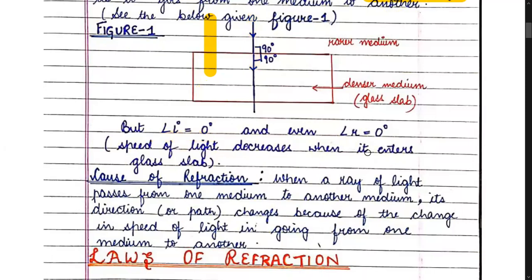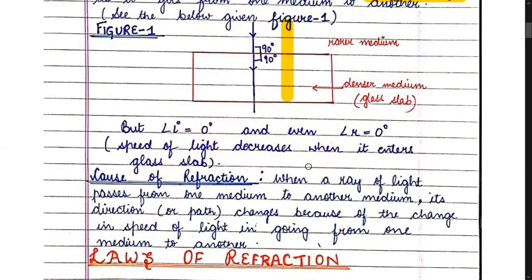It means that after refraction, the light will move in the same direction without getting deviated. That is, its path will not change.